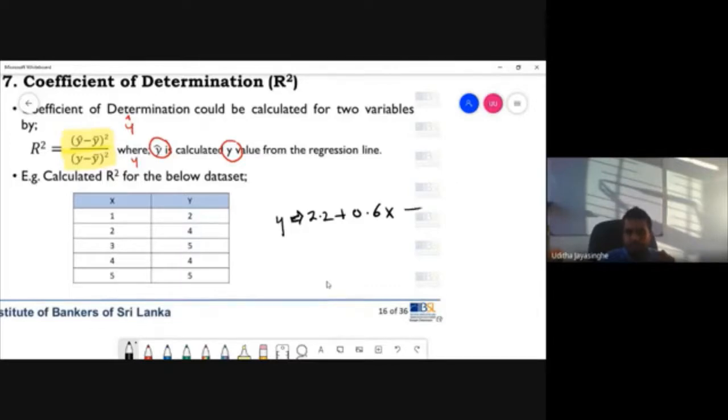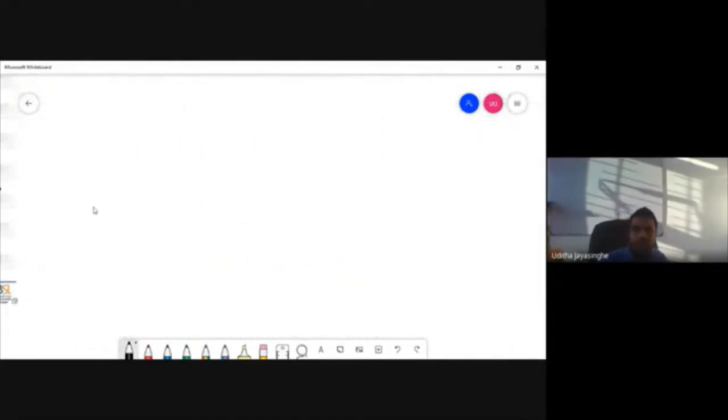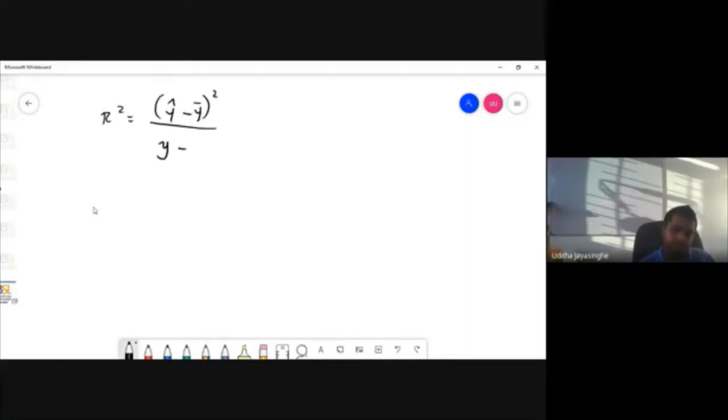Let me open up an empty plane and do the numbers. We know it's a simple computation, but for completion's sake, I just want to take you through the numbers. We know R square is going to be y hat minus y bar, we take the square, and the bottom part, we take the individual y values minus y bar and take the square. This is the equation we are using.